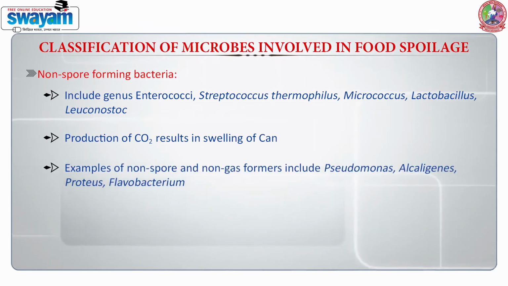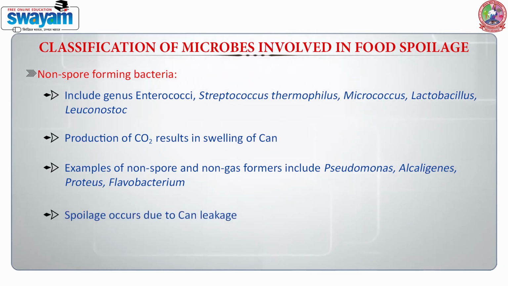Some non-spore formers and non-gas formers include Pseudomonas, Alcaligenes, Proteus, Flavobacterium, and these types of spoilages occur due to leakage in the cans.